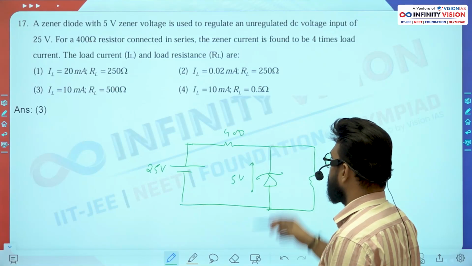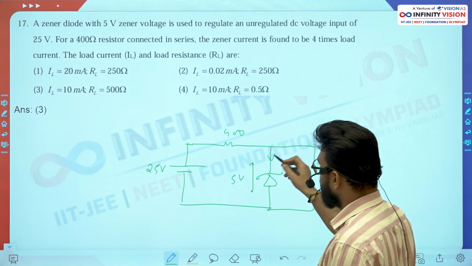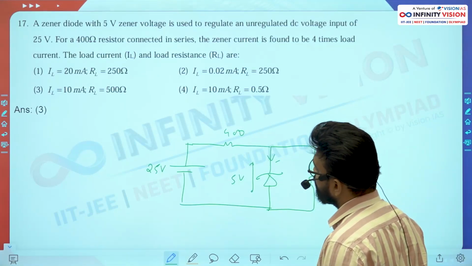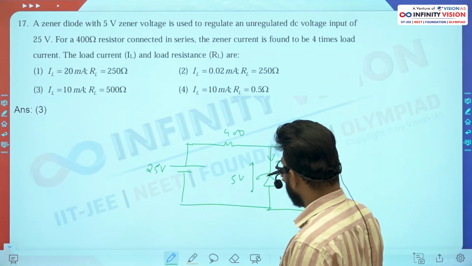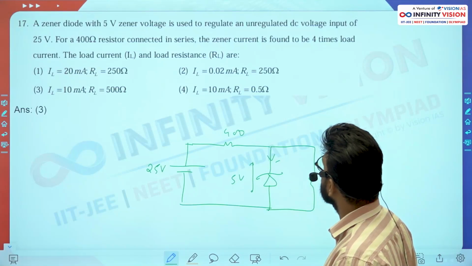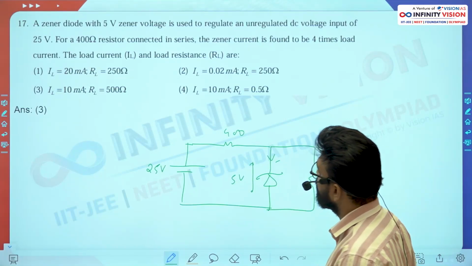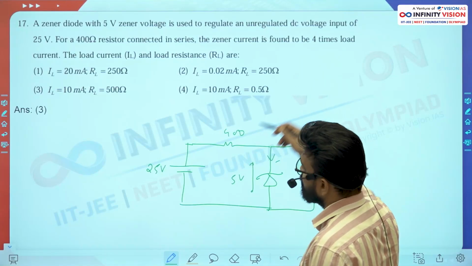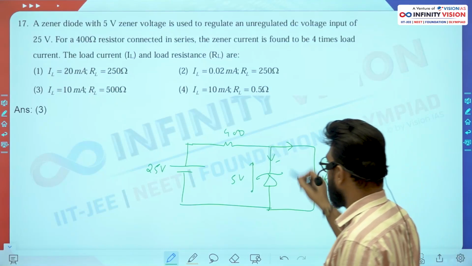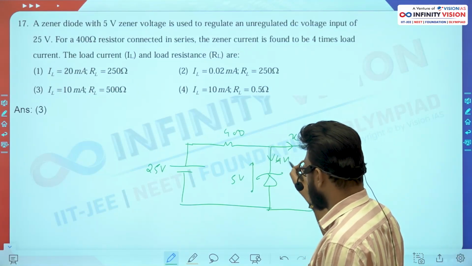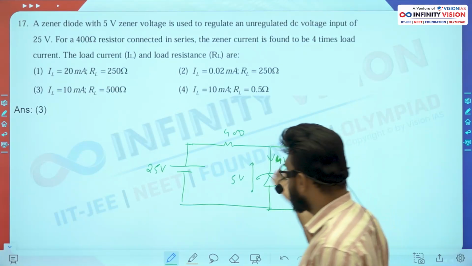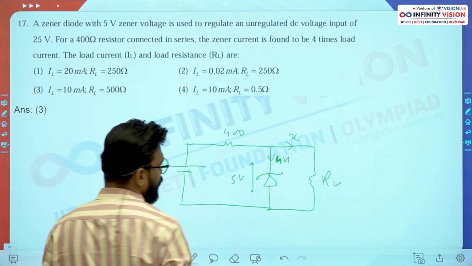From this, this Zener current is 4 times that of the load current. Let the current along the load RL be x, so this would be 4x. I have taken it in the form of x.